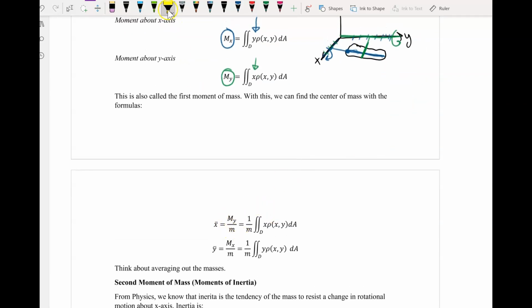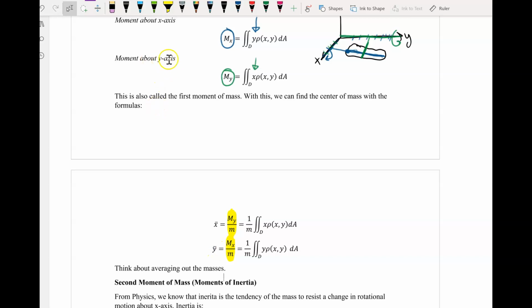Now I know the formulas get really funky here, because you start looking at M sub y divided by m, and M sub x divided by m. Remember that the moment about the x-axis took into account all the y values. That's why it makes sense to use it for y bar, our center of mass for y.